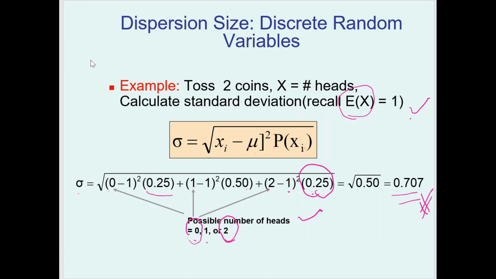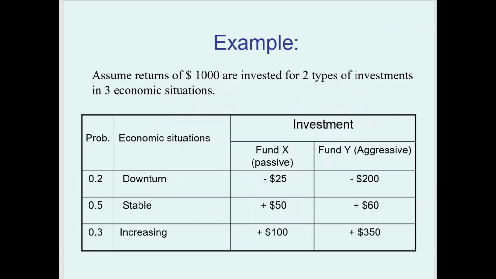Okay, we move to the next example. Let's assume that the returns of 1,000 ringgit are invested in two types of investment, fund X and fund Y, in three economic situations: downturn, stable, and increasing.